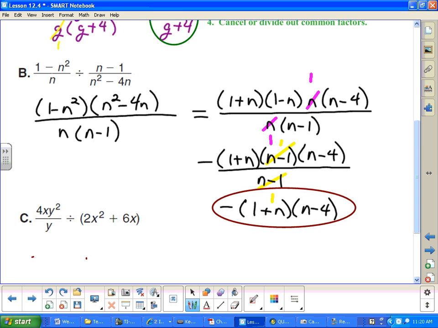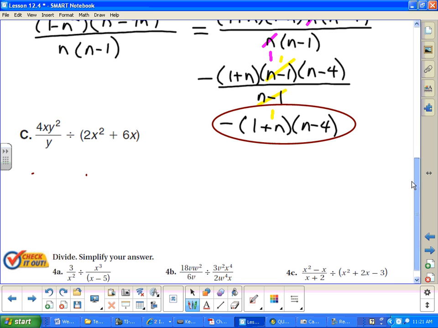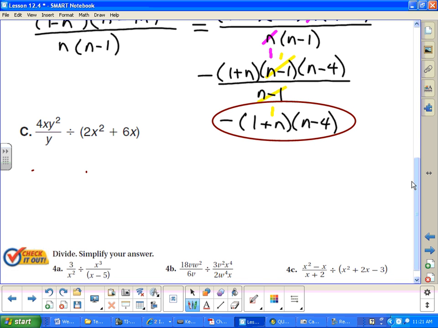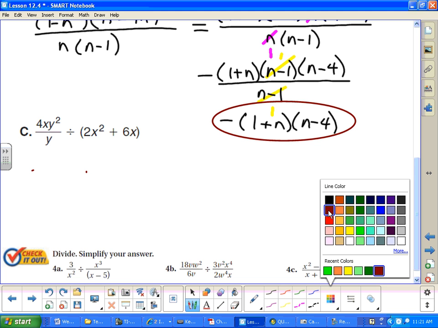All right, so the big thing here is being able to factor. If you can factor, you can be successful. If you need to work on your factoring, then all right, let's work on that.